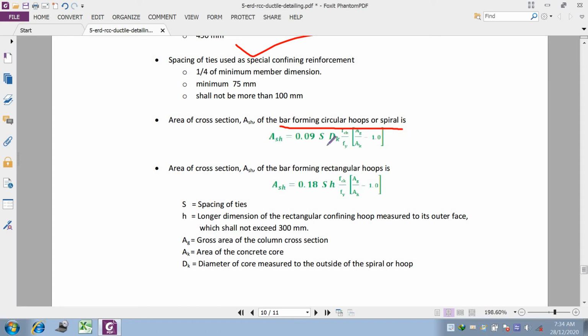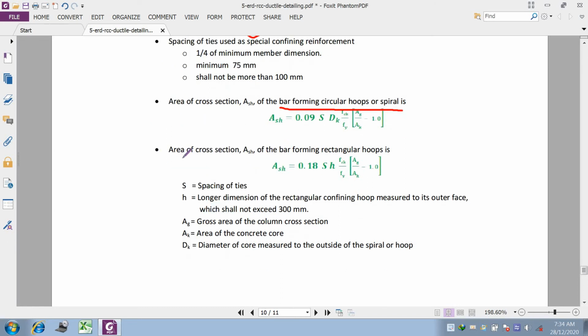So this formula is taken from the same code: Ash = 0.09 S D fck/fy (Ag/Ak - 1). And the cross section for the rectangular section can be calculated as 0.18 S h fck/fy (Ag/Ak - 0.1). So this is the formula which can be applicable for circular as well as for the rectangular hoop.